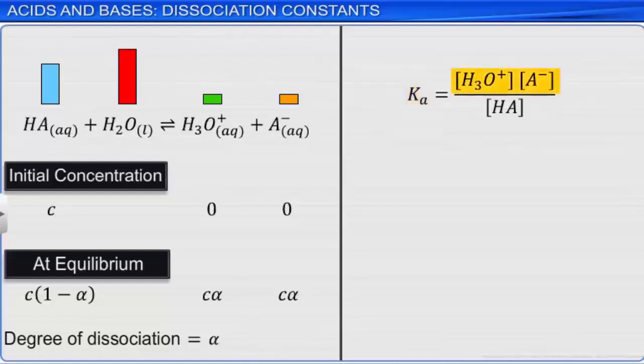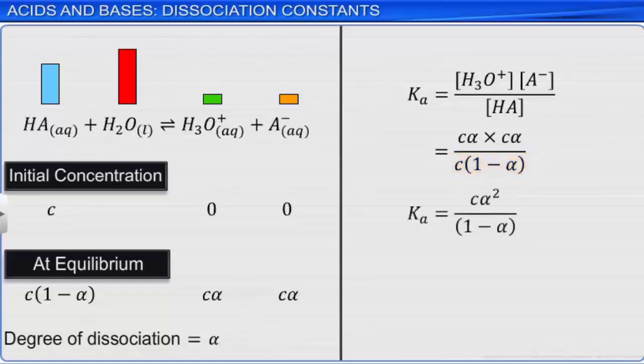Substituting the equilibrium concentrations in this equation, we get C alpha multiplied by C alpha divided by C multiplied by 1 minus alpha. Thus, Ka becomes equal to C alpha squared divided by 1 minus alpha. This expression helps us in calculating the degree of dissociation of weak acids when the dissociation constant is known.